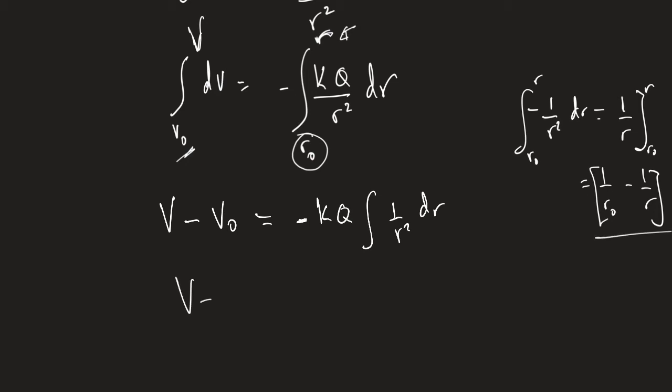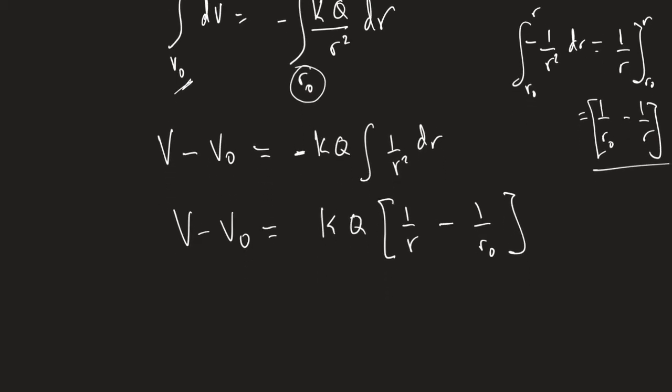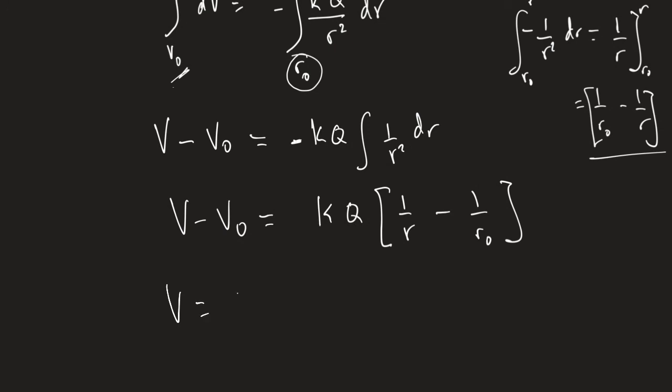So V minus V0 equals KQ times 1 over R minus 1 over R0. So the potential V will be V0 plus KQ times 1 over R minus 1 over R0.